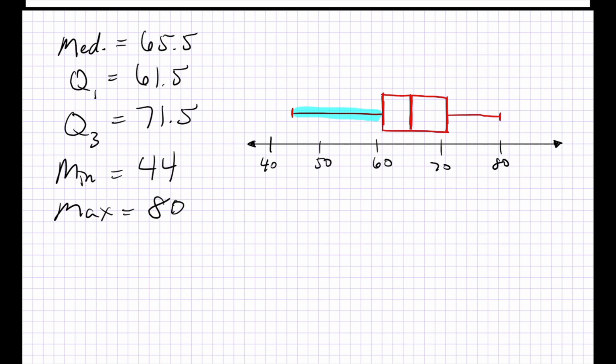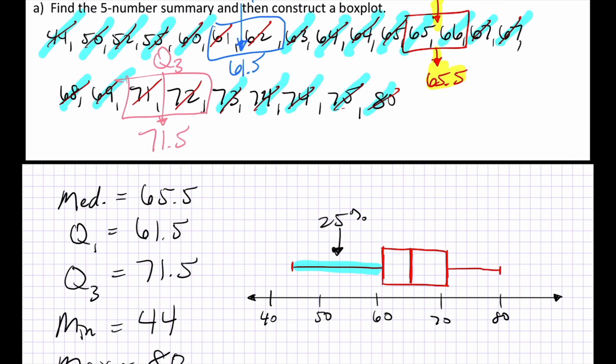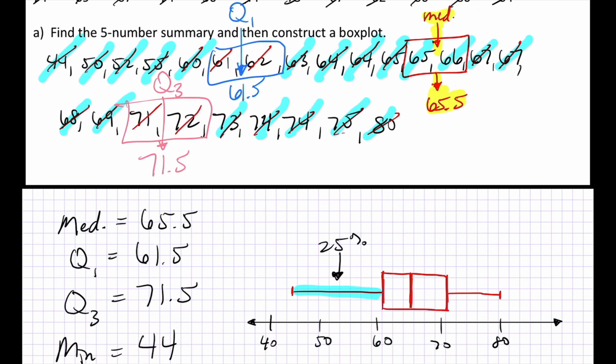25% of the data is in here. I want to use a different color. 25% of the data is in here, so that goes from 44 to 61.5. So go back, how many of these numbers were from 44 to 61.5? How many fit into that category?